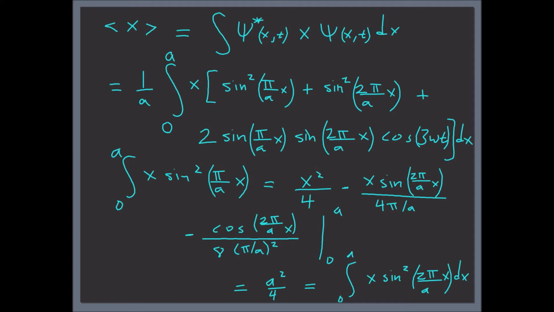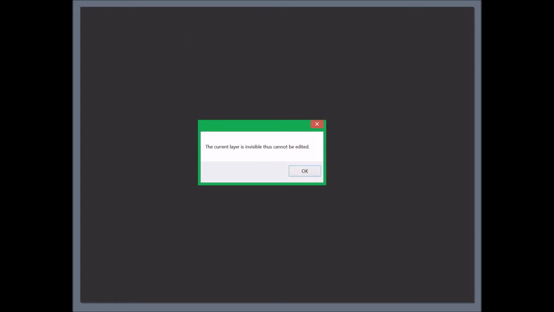So now we have to integrate the third part, which is the integral from 0 to a of x sine of pi divided by a x times sine of 2 pi divided by a x dx.